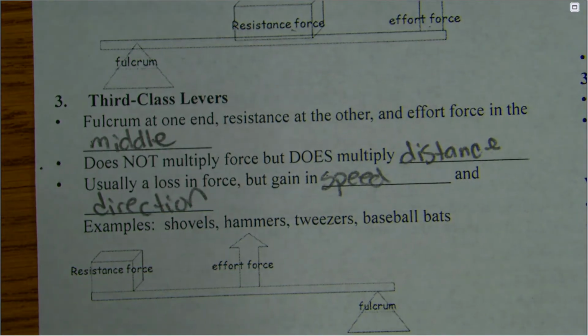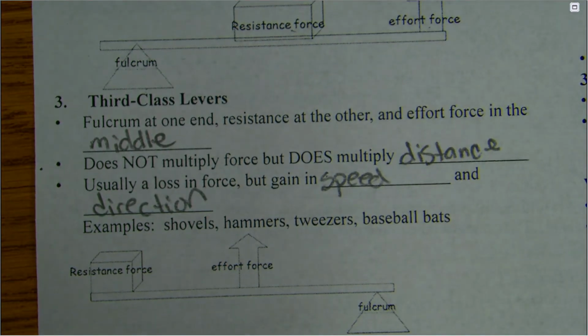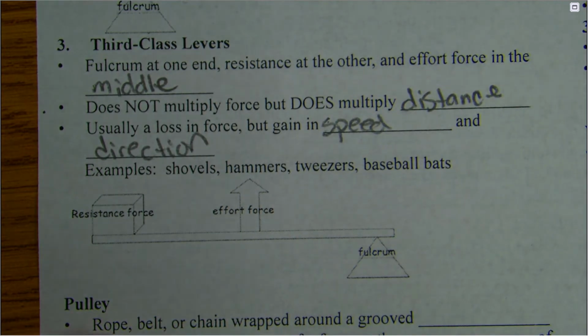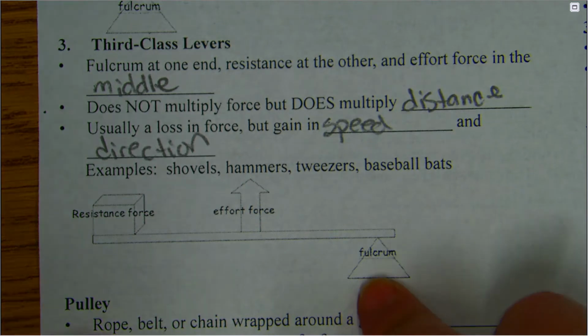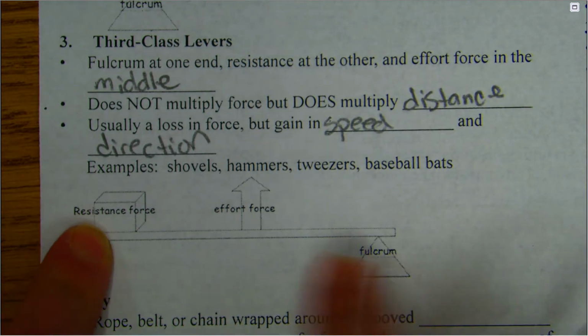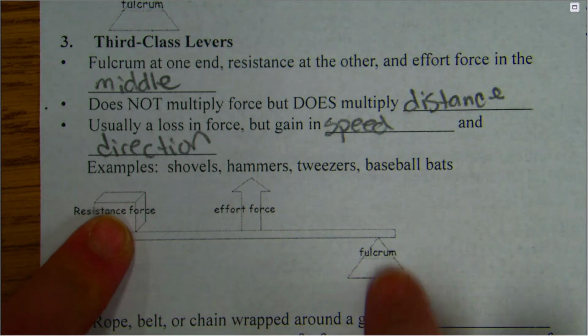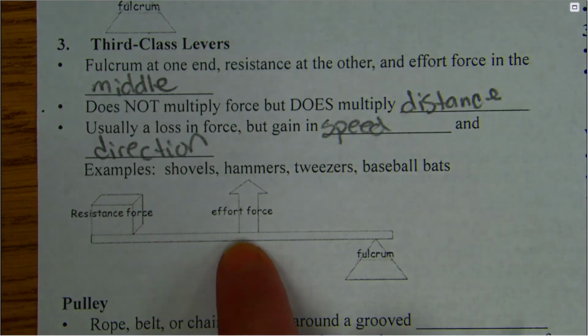Shovels, hammers, tweezers, and baseball bats are all examples. And here you can see from this picture, again that I use for educational purposes, our fulcrum is on one end, my resistance force and my fulcrum are on the ends, and my effort force is in the center.